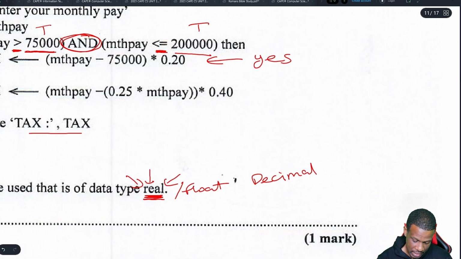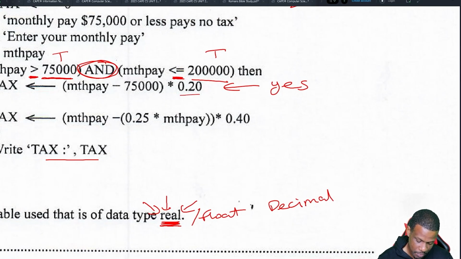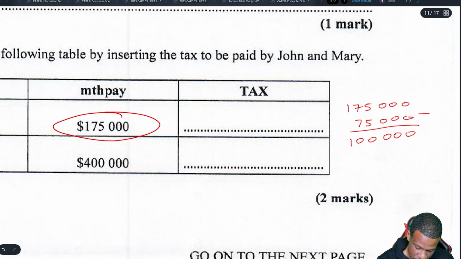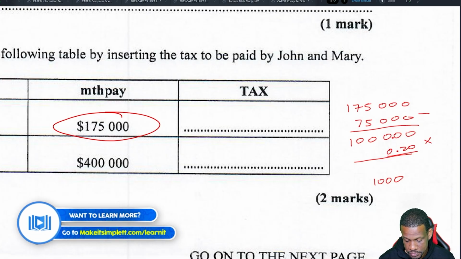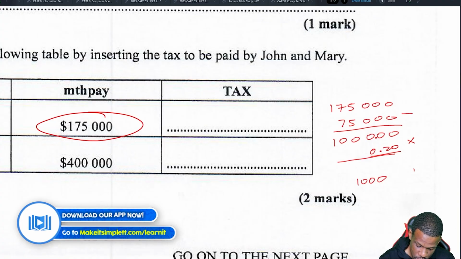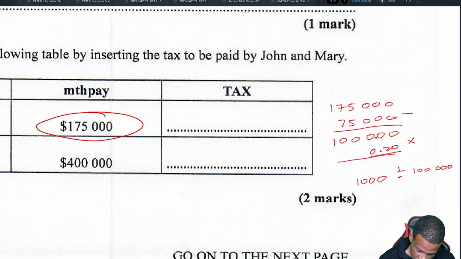And then from that 100,000, you have to multiply by 0.20, which is 20%. That would be, mathematically speaking, 20% is 1/5 of 100,000, which is 20,000.